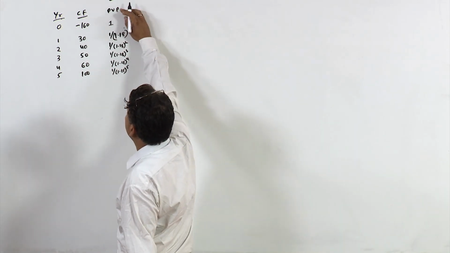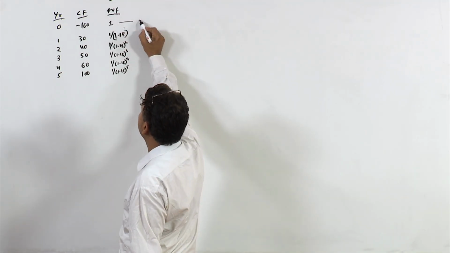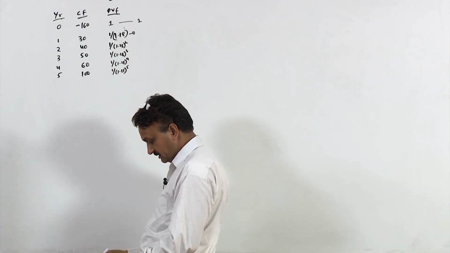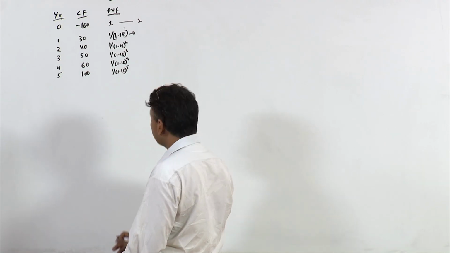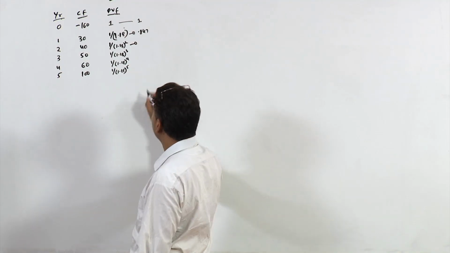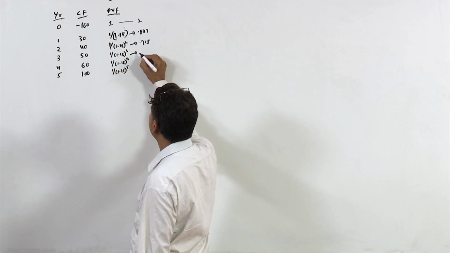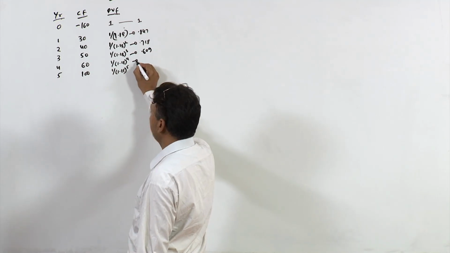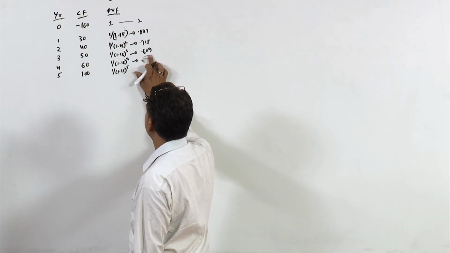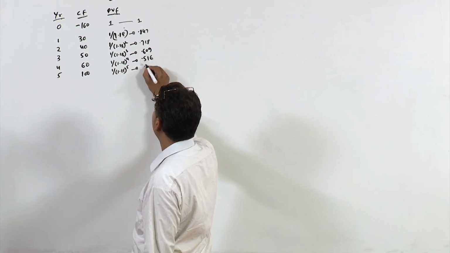So, this is the present value factor, PVF. For the 0th year it is 1, for the first year it is 0.847, for the second year it is 0.718, for the third year it is 0.609, fourth year it is 0.516 and finally it is 0.437.